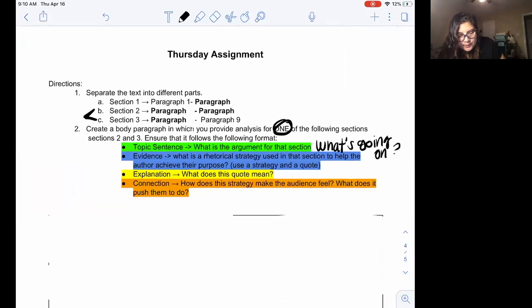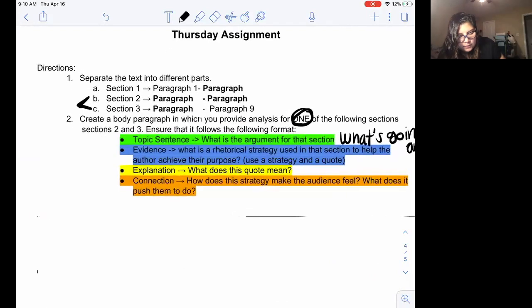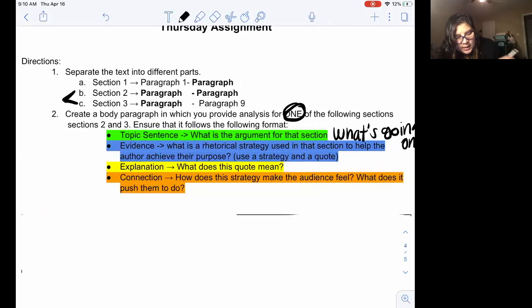And then for evidence, you already picked rhetorical strategies and you already did analysis for them. So this part should be pretty easy. All you have to do is reference your assignment from Tuesday. So we pick something from that section, which rhetorical device was used. And then on the explanation, you're just telling me what the quote means.